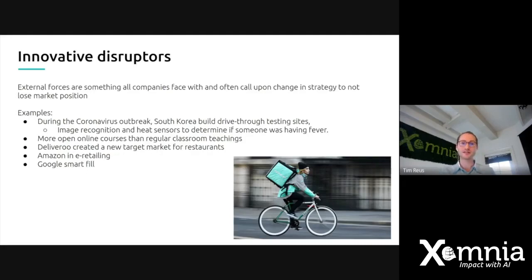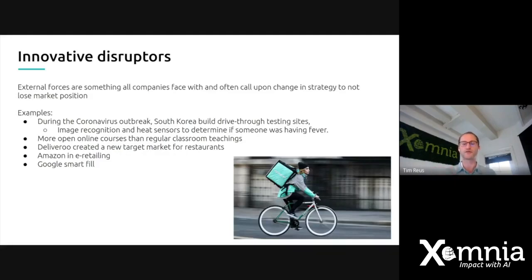Another thing is actually something that was happening a little bit earlier on as well, but really is taking a lift at the moment, where universities and high schools changed from classroom teachings to online courses. And this is a very smart move, right? Because this means that they are not limited to their region anymore.